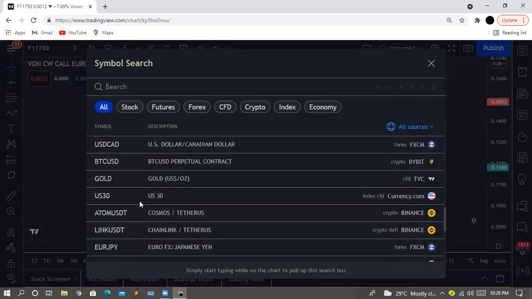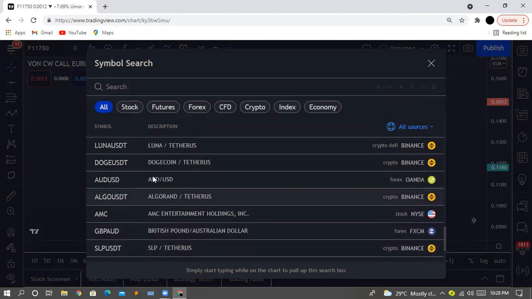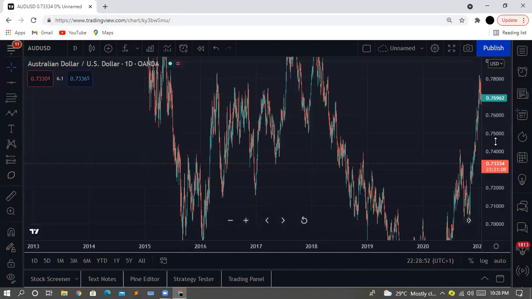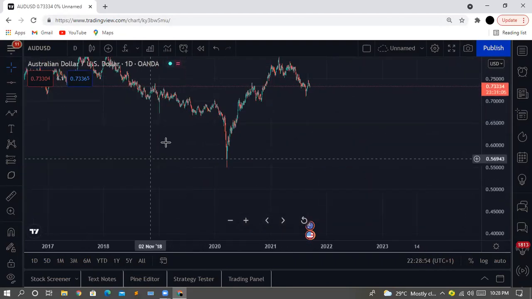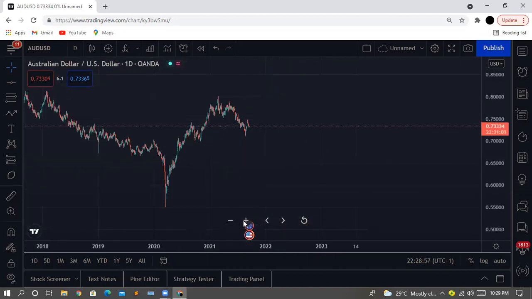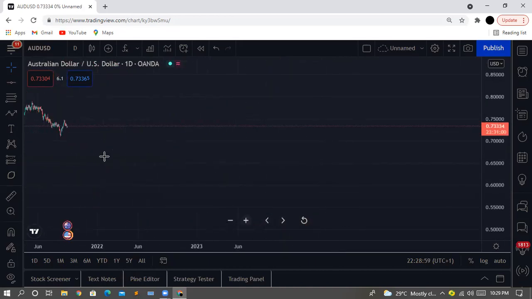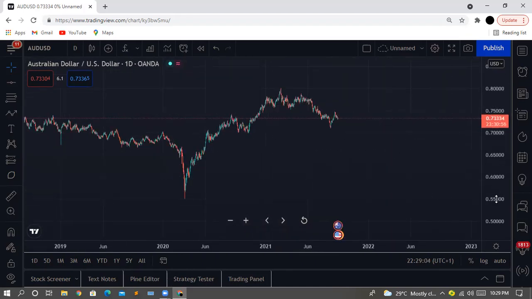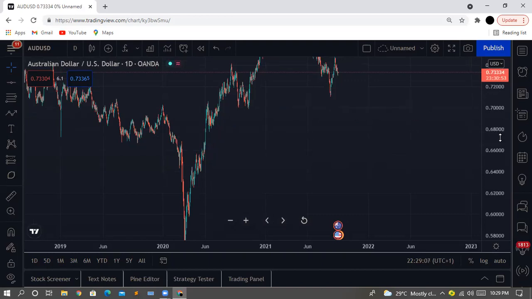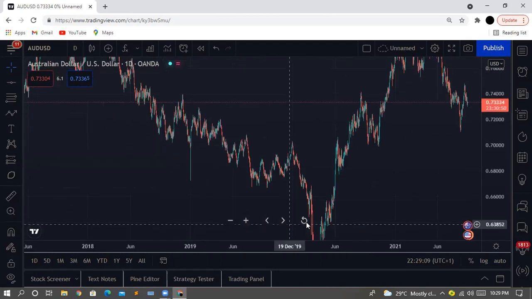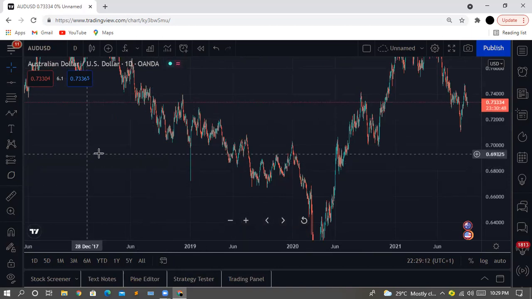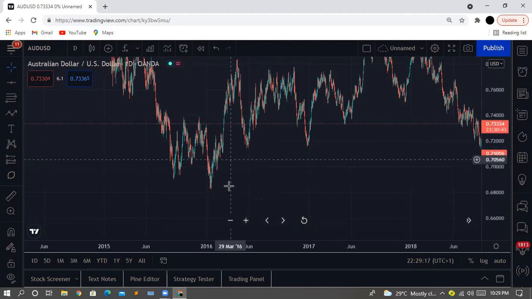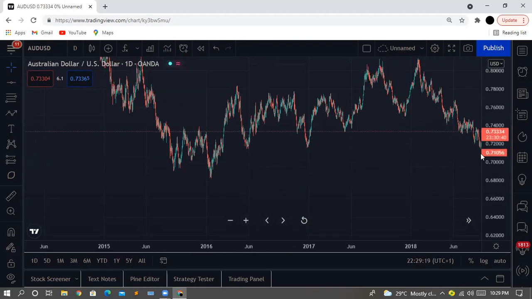Let's pick a random currency. Okay, Australian dollar USD. I think that's okay. I'm looking for a clearer view.